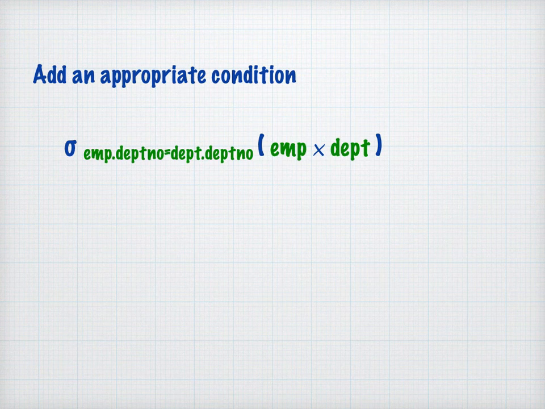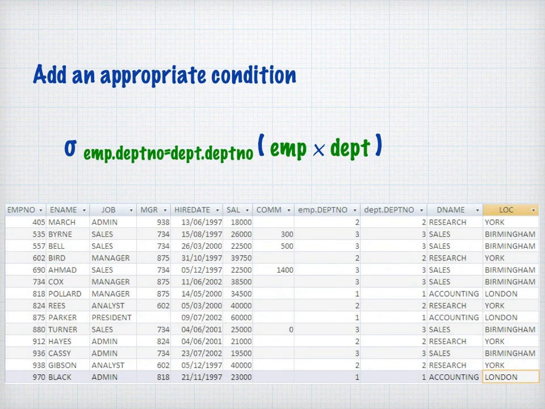What that will do is, we do the bit in the brackets first, combine the two tables together, and then only keep the rows where the department number's the same. If we could run that, mathematically, we would get the correct set of results.